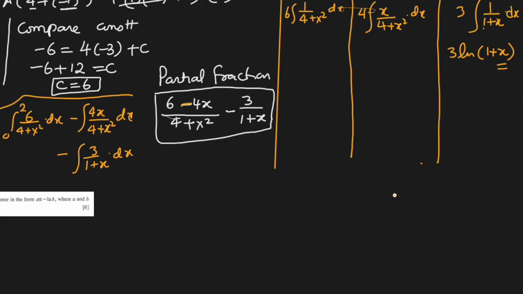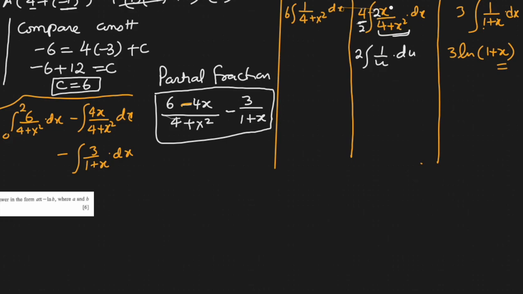This is also easier. How? If I somehow write 2 here and divide by 2 also. Did I change the whole? No. Because I multiplied by 2, I divide by 2. And why did I do that? Because the differentiation of 4 plus x square is 2x. So 4 divided by 2, 2. This becomes 1 over u du format.